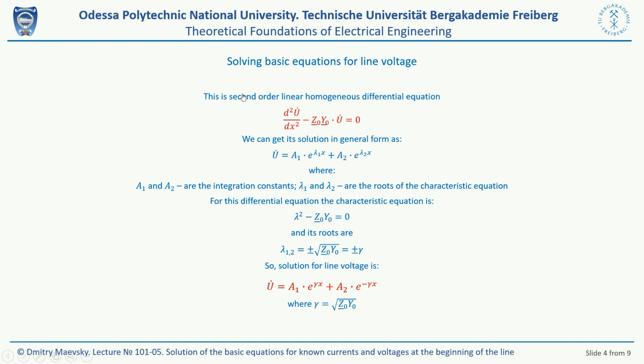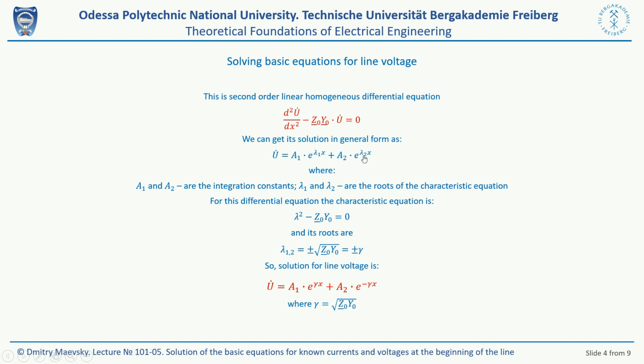Now we have an equation for the spatial coordinate x, but the general method for solving such equations has not changed. As is known from mathematics, the solution of linear homogeneous equations of the second order can be obtained as the sum of two components.